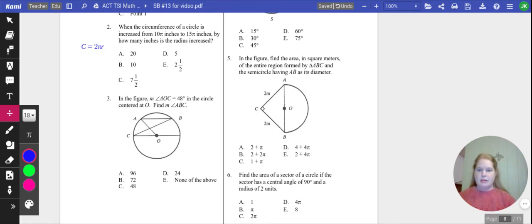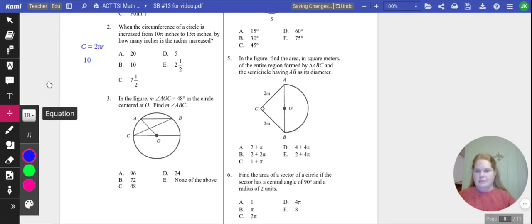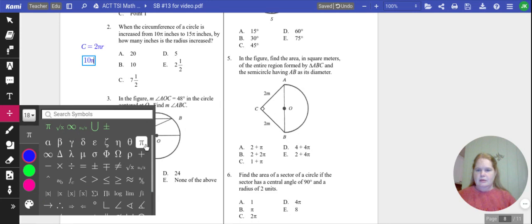All right, so it started out at 10 pi for the circumference, and that's equal to 2 times pi times r.